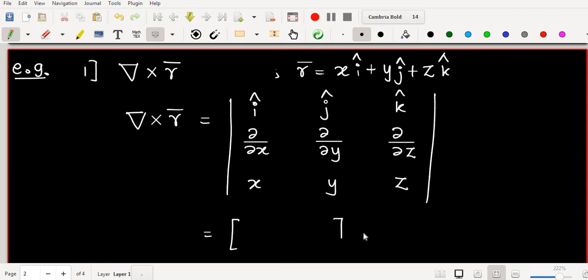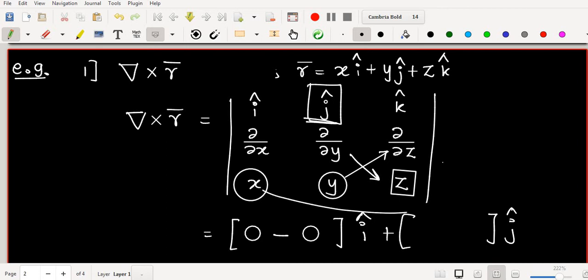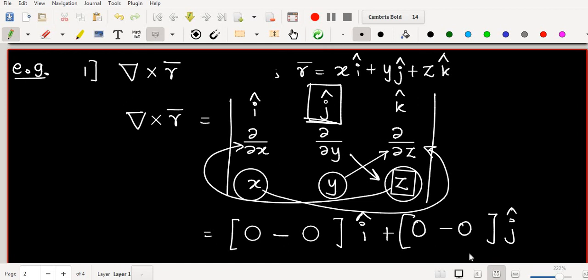For calculating the coefficient of the first unit vector, we take partial derivative of z with respect to y, that will be 0, minus partial derivative of y with respect to z, again 0, plus, while calculating the coefficient for the unit vector j bar, or y component of the curl vector, we take partial derivative of x with respect to z, that is 0, and partial derivative of z with respect to x, that is again 0.